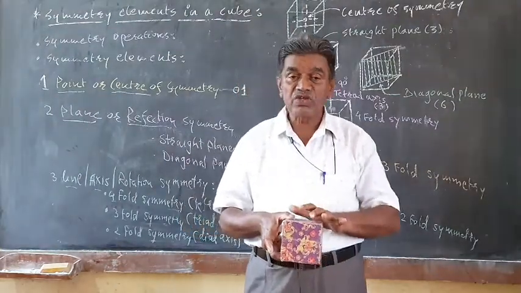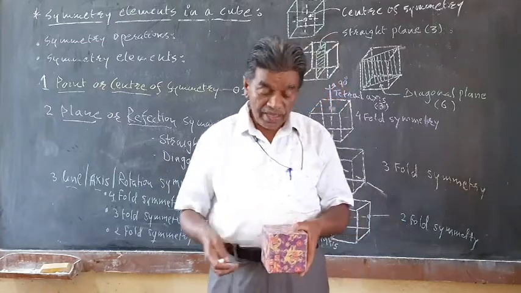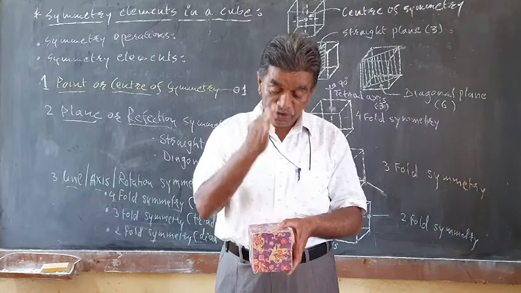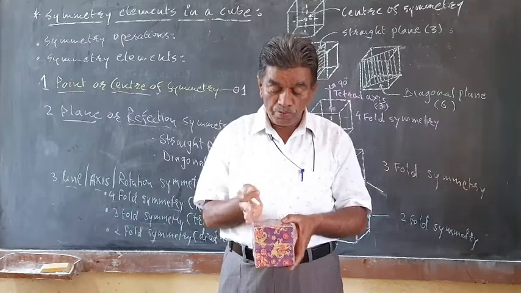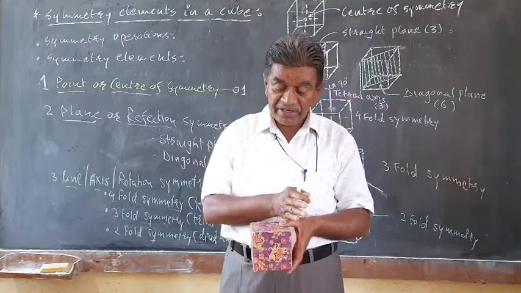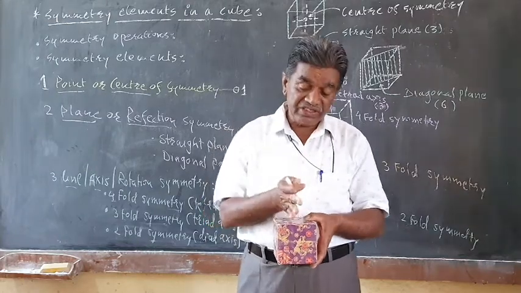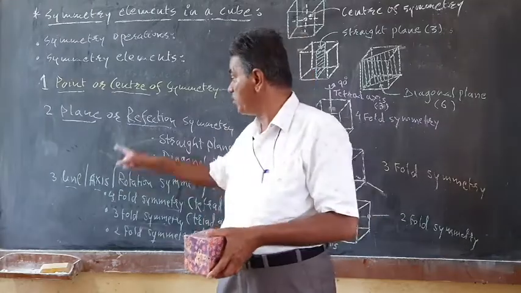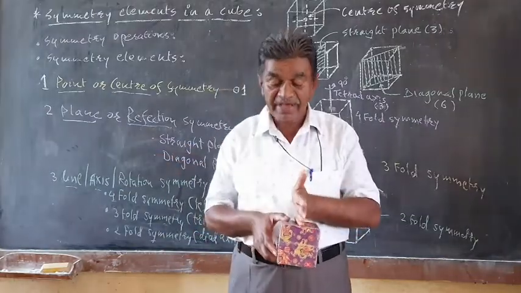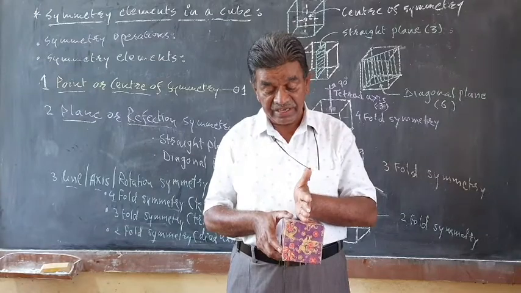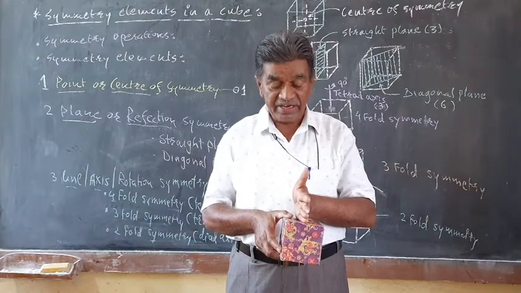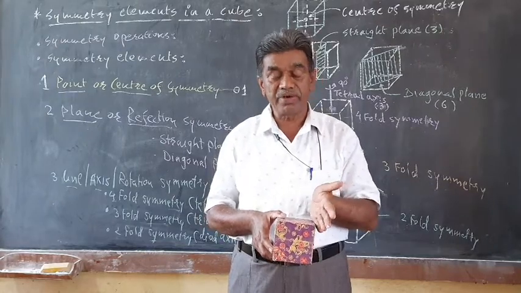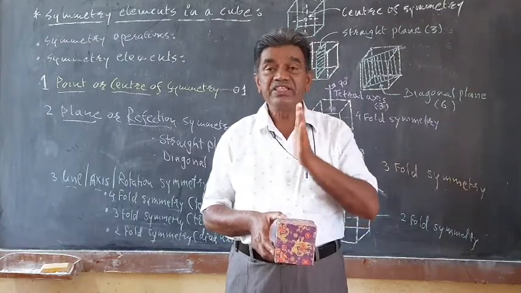So the cube consists of such three pairs, and if we divide it by this straight plane, we can divide this crystal into two parts. One part is exactly the mirror image of the other part. So according to the definition of the plane of reflection symmetry, it is the imaginary plane passing through the crystal such that it divides the crystal into two parts, and one part is exactly the mirror image of the other part. So there are obviously three straight planes.